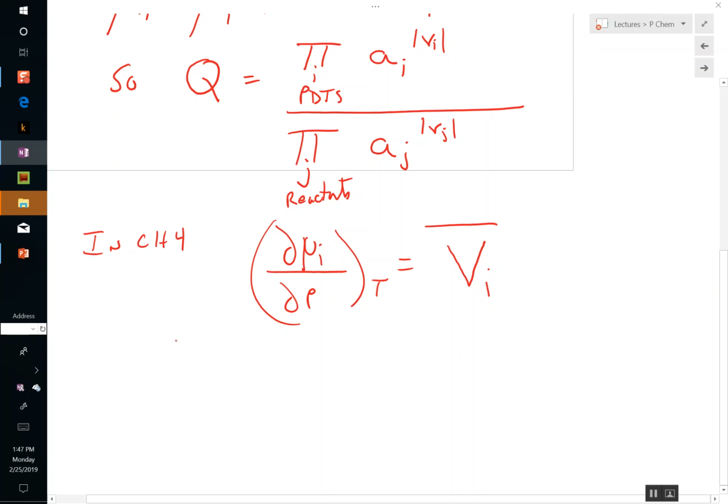And so through a couple of equations we can get this down to the natural log of the activity is equal to the molar volume divided by RT times pressure minus 1.